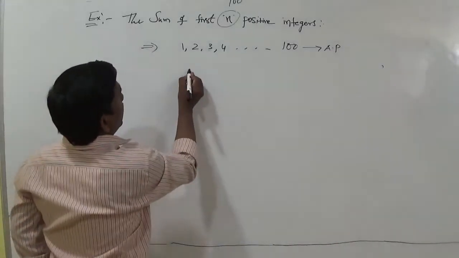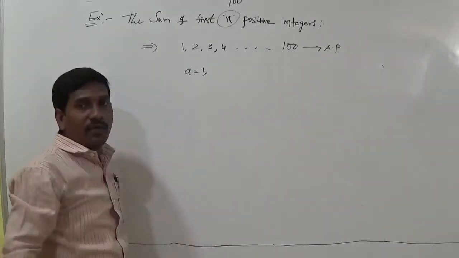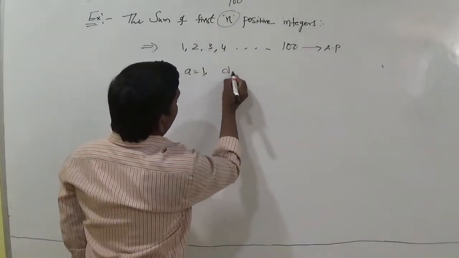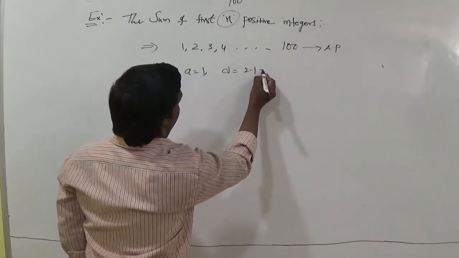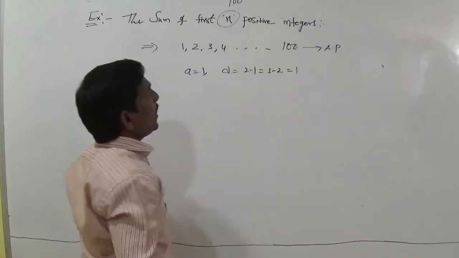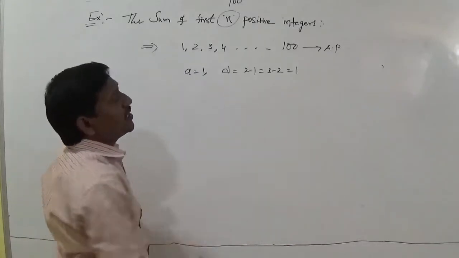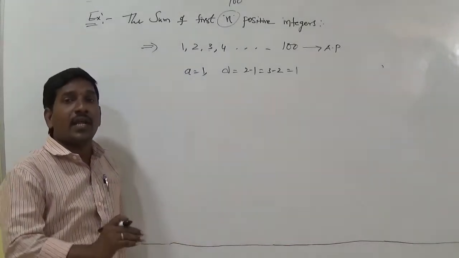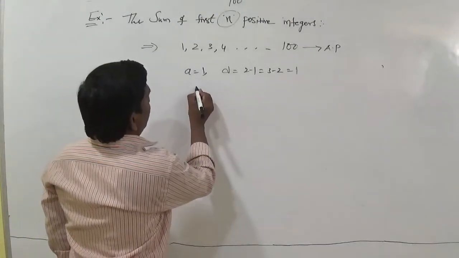Here a equals 1, d equals 2 minus 1 or 3 minus 2, equals 1. How many terms are there? There are 100 terms.